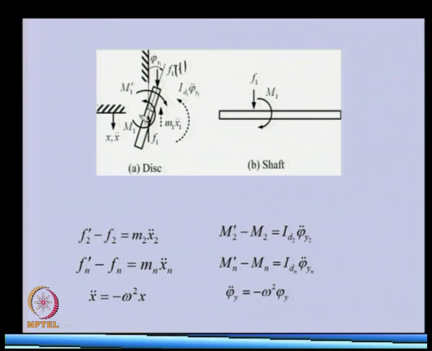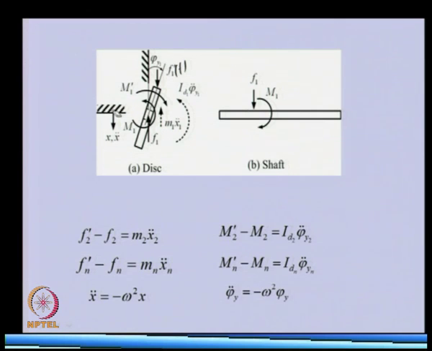The moment will also be acting. So, this is the reaction moment and this is the M1 prime external torque. So, this is the external torque, external force, and reaction force and reaction moment from the shaft. These are the reaction moments which are coming onto the shaft from the disk.